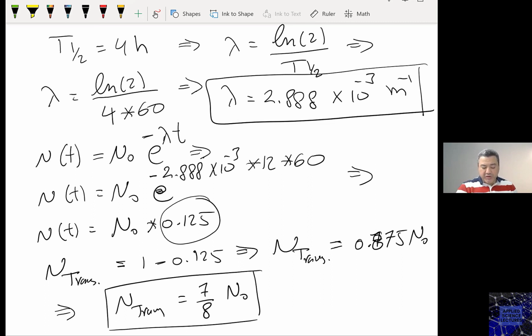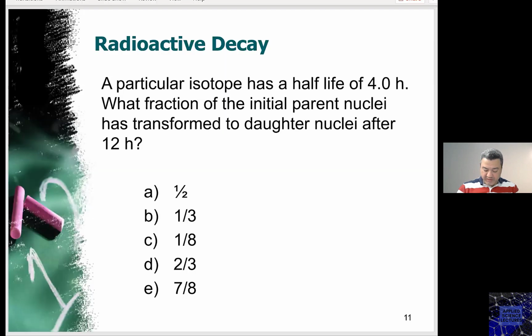So this equation is always going to give me the remaining number of nuclei with respect to this decay function, which is exponential. If you subtract this ratio that you get here from 1, you will get the ratio for the transformed number of nuclei. So the answer here is E, 7/8.